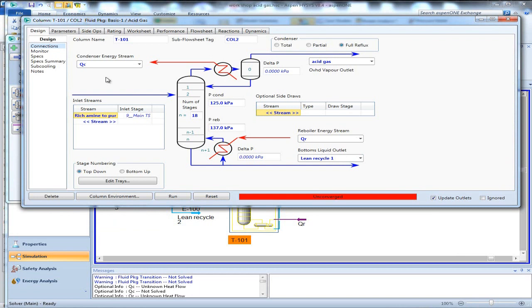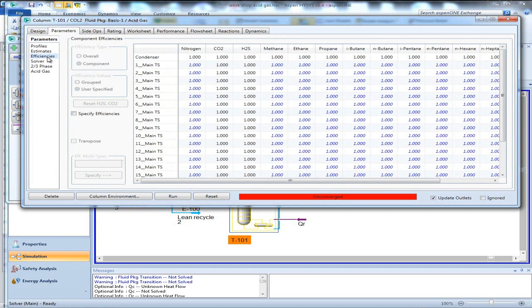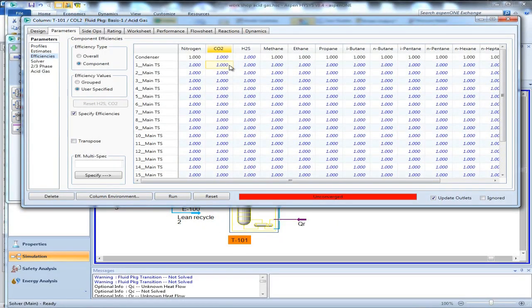I think before that, 2 things that we have to do is change the efficiency for each tray. In this case, it is fixed for carbon dioxide and hydrogen sulfide to be 1, so we change that to 0.5 and 0.4 respectively. So we start from tray number 1, 0.5.